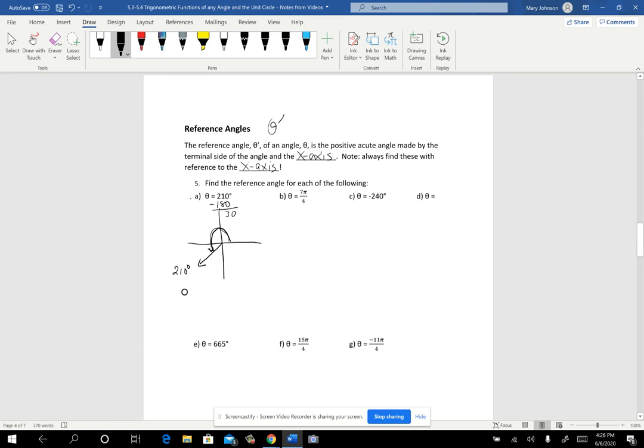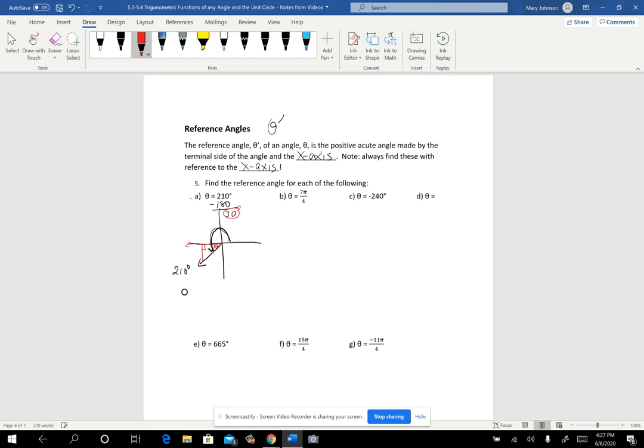That's the theta that they're talking about, okay? When you think about theta prime, you should be making a little triangle relative to the x-axis, and theta prime would be that angle right there between the negative x-axis and the terminal side, just that little extra piece past the 180. So that would be the 30 degrees, it turns out.